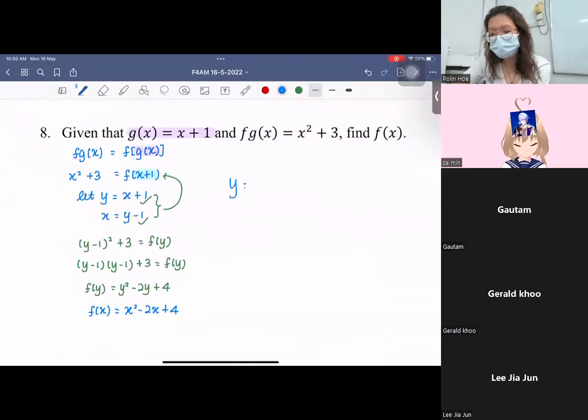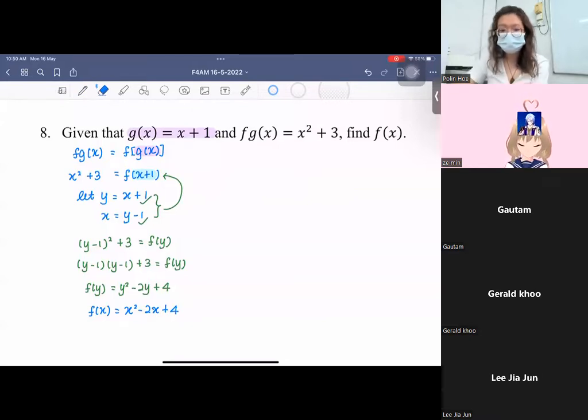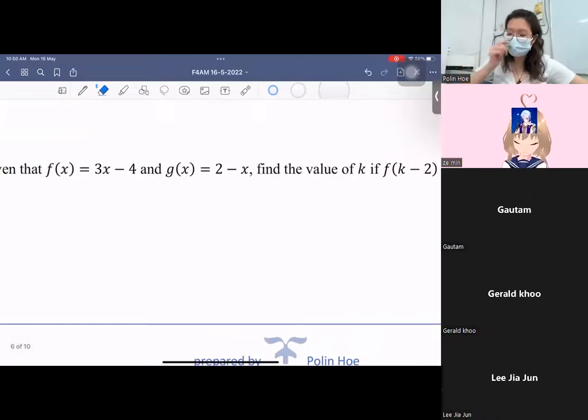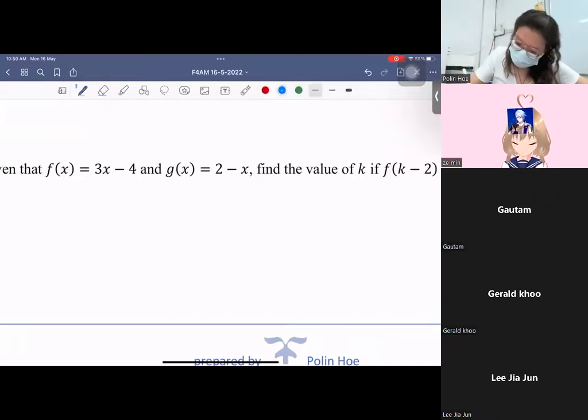From y equals x plus 1, we let y equal the function inside the bracket, and then we find x. Let y equal g(x). This is the method.